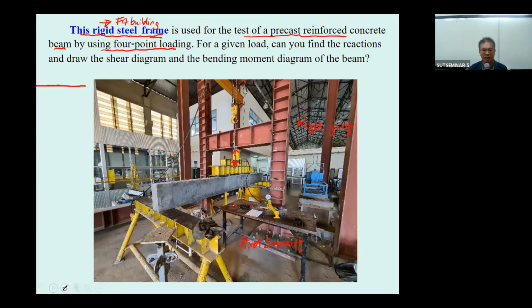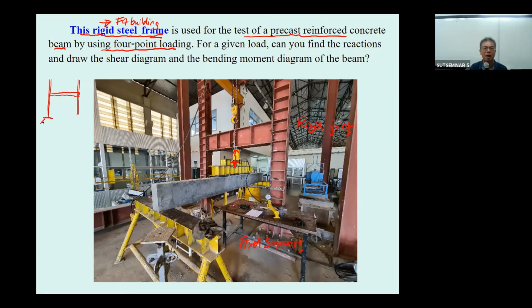You may set the frame that we have here to have this beam, and this beam connected rigidly with this steel column. The steel column is a little bit long because we can adjust the height of this beam easily.